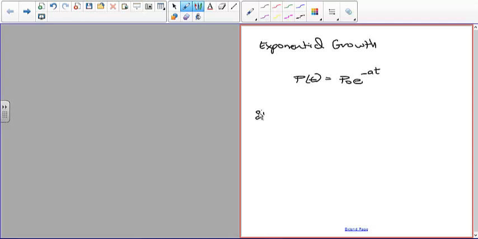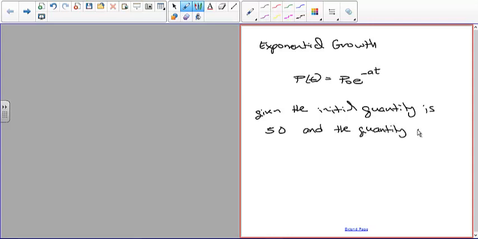So let's say given the initial quantity is 50 some units, and the quantity at 2 days, so days will be the time, is 75.